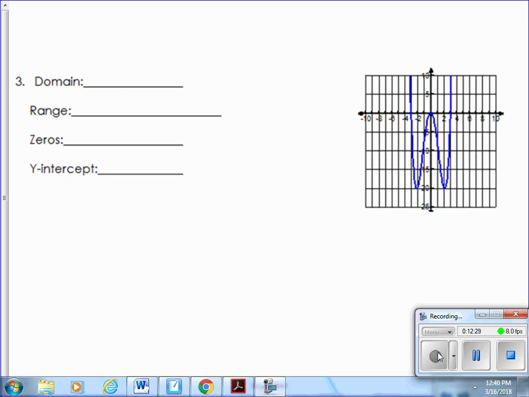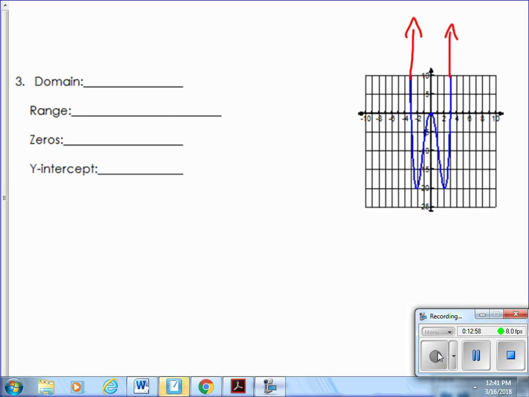All right, next problem. This one, if we look at the ends of it, both arrows are actually going to be pointing up. If we were to extend them, on the left it's going up, and on the right it's going up. Now, they have arrows. There's no stopping points again, and I think you're going to see this as a trend a lot of times. The domain, it's never going to stop going to the left, and it's not stopping going to the right.